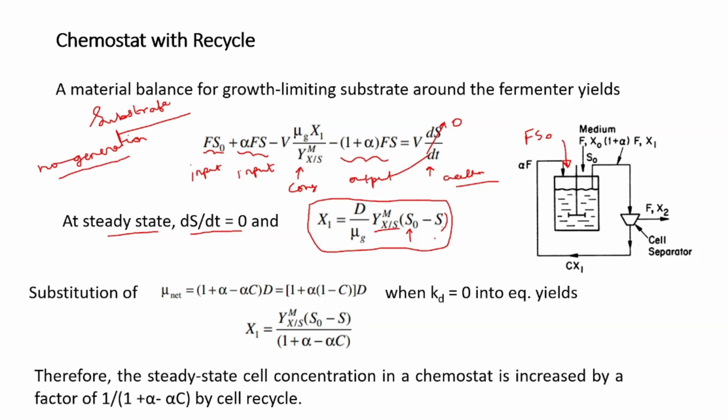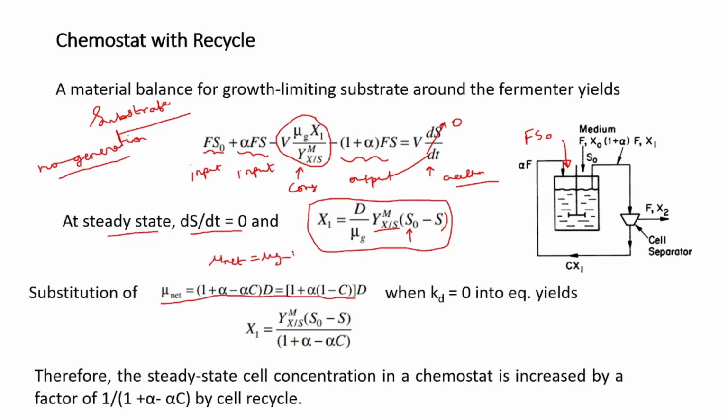Now we substitute that mu net expression here. How are we substituting? That is the main question. We know mu net is equal to mu g minus kd. So mu g, the specific growth rate, minus the death constant will give you the net specific growth rate. Here we are assuming that the death constant is 0. So everything is getting formed, nothing is dying.